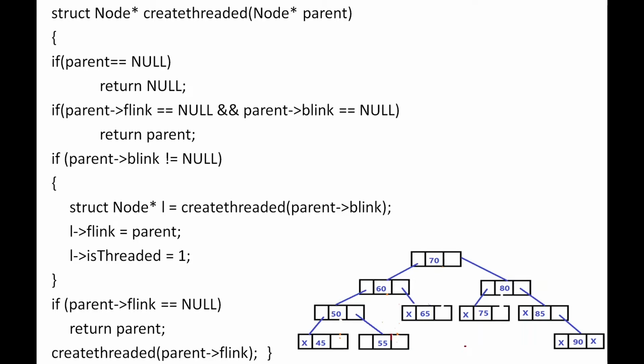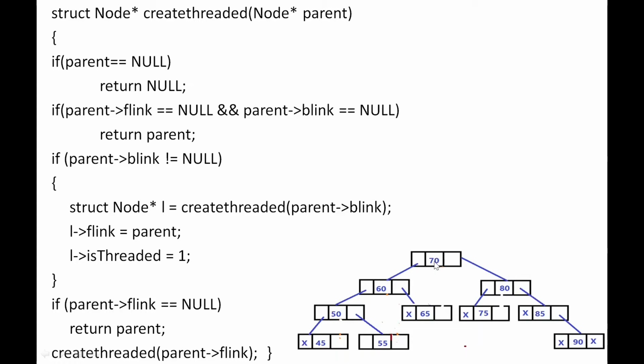Now we need a function to convert that binary tree into a threaded tree, and that is accomplished by this particular function. Let us try to trace the execution of this function for the given example. This is initially a binary tree, but at the end of the execution it should become a threaded tree, and we will be passing the root value as usual.